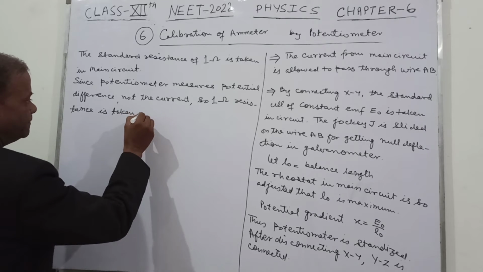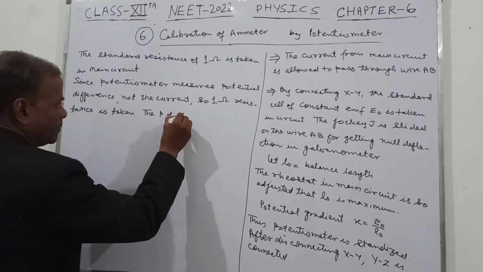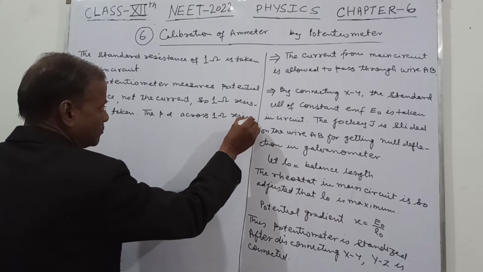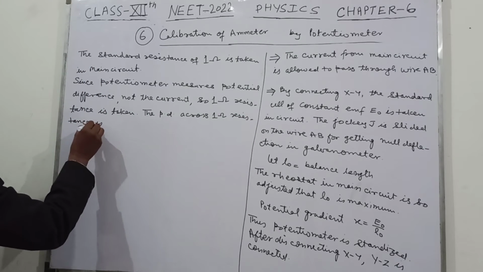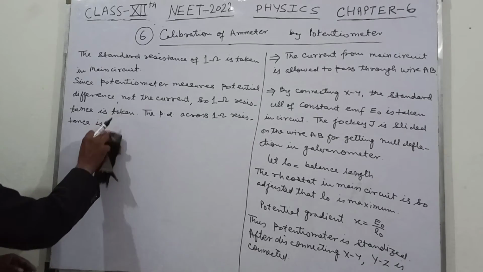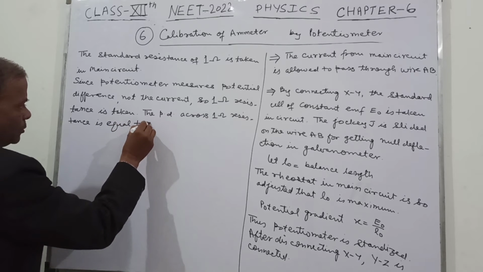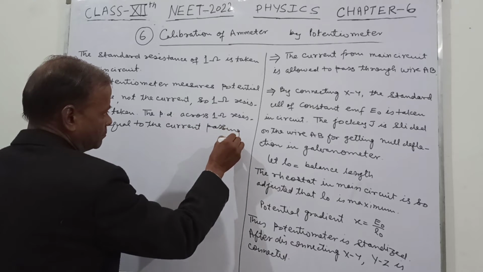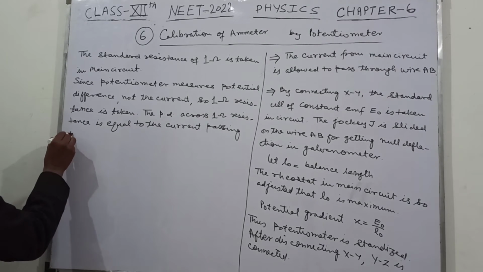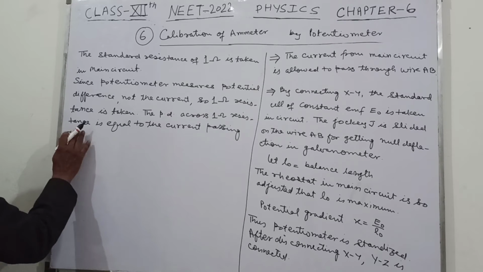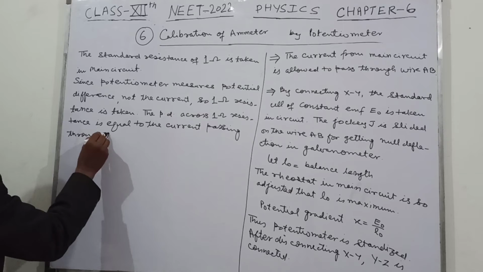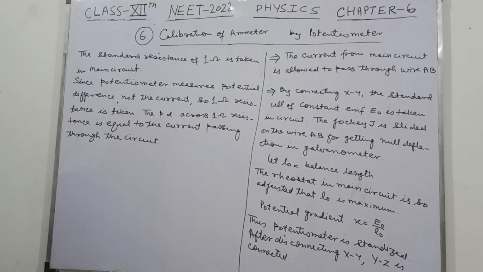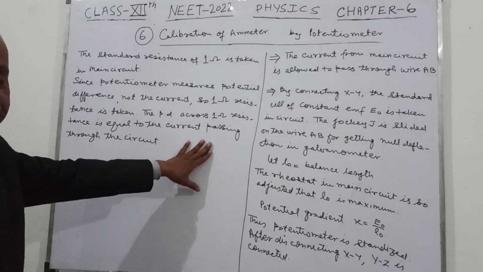The potential difference across 1 ohm resistance is equal to the current passing through the circuit, and it will be the reading that we take by means of the potentiometer.